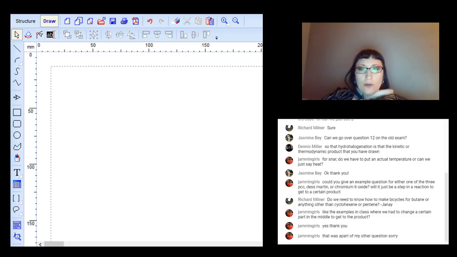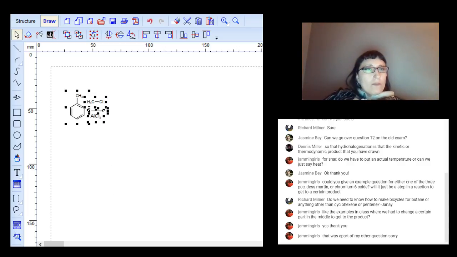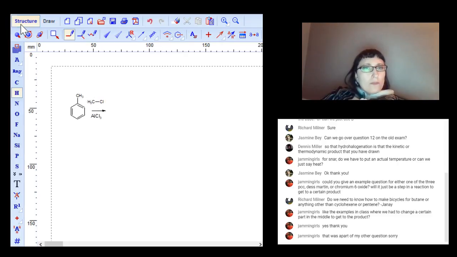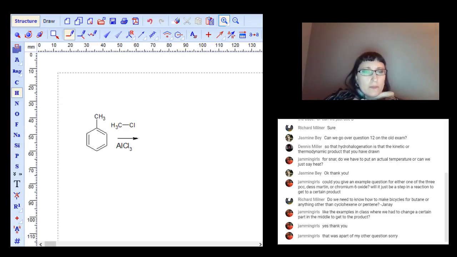So I'll go ahead and do the next one down on the old exam. It's a pretty simple one. This is just a Friedel-Crafts alkylation reaction.